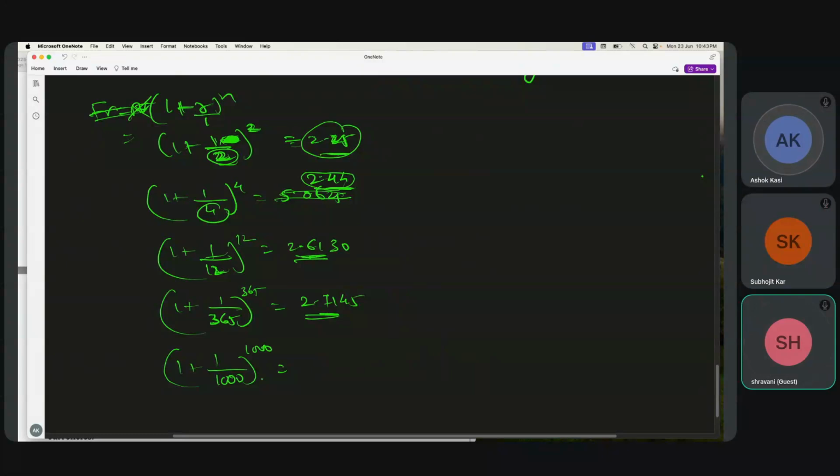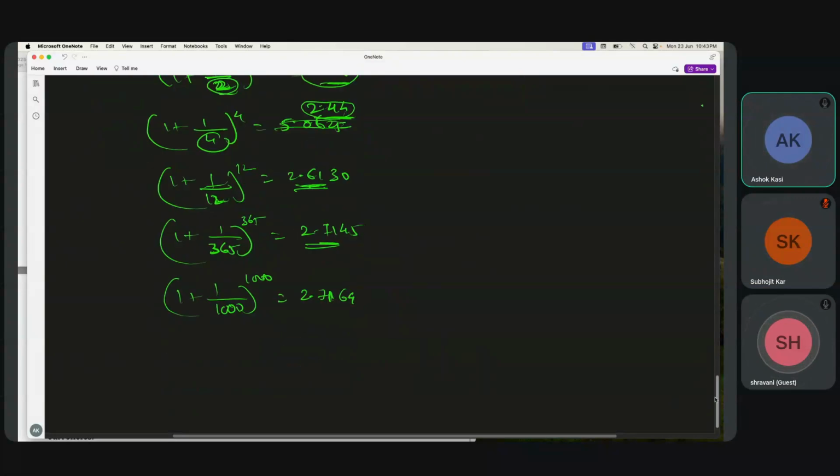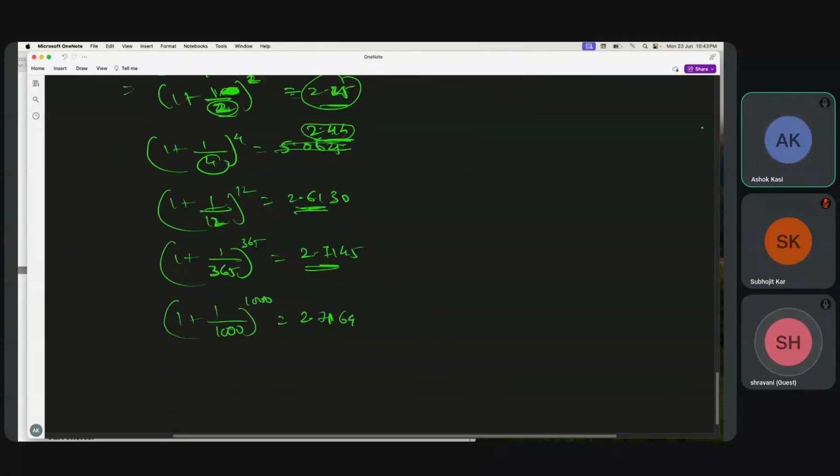It's 2.7169. Okay. Now, do you note this one? See, 2.25, 2.44, 2.61. Now from here on, it is not going up highly. It is not changing highly.